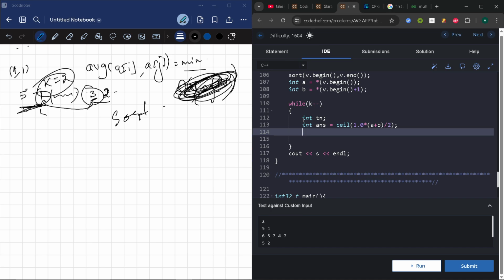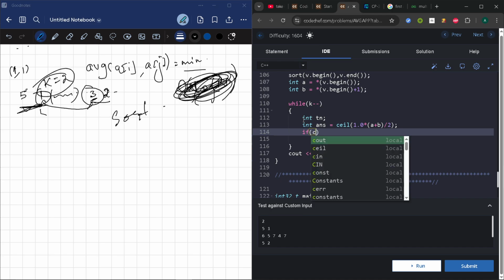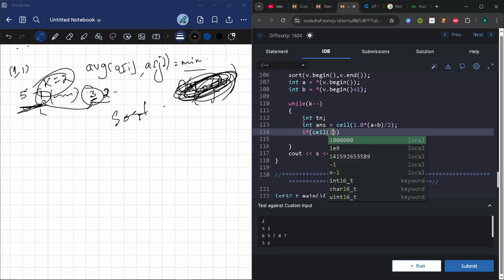If 3 is greater than, if ceil of 1.0 into 3 answer plus, not A, this time it will be answer plus A by 2, greater than, less than, I guess.